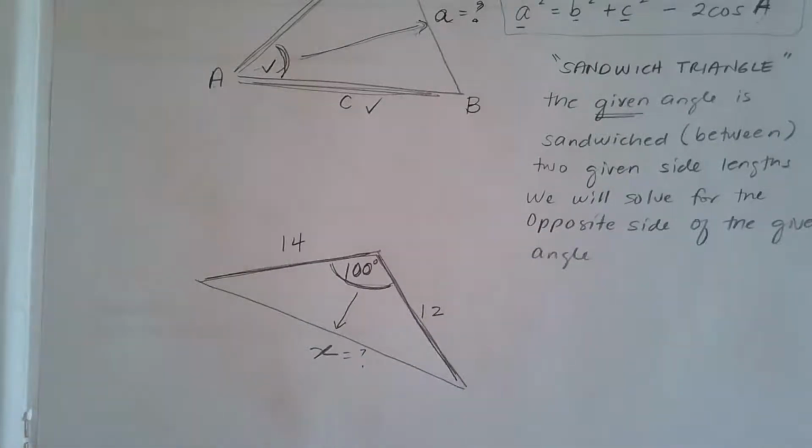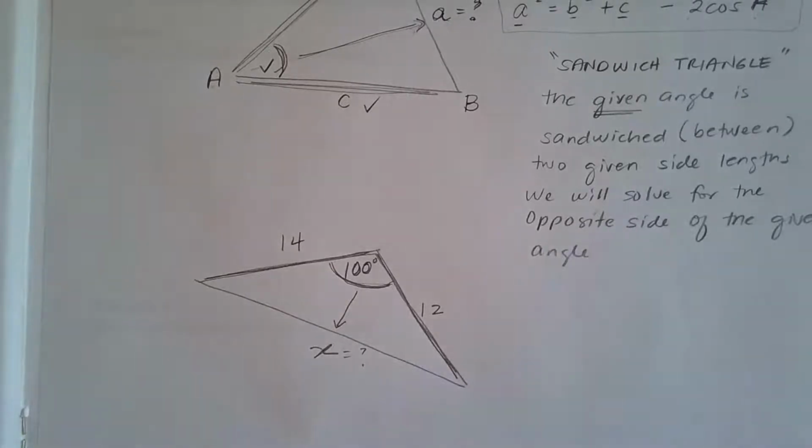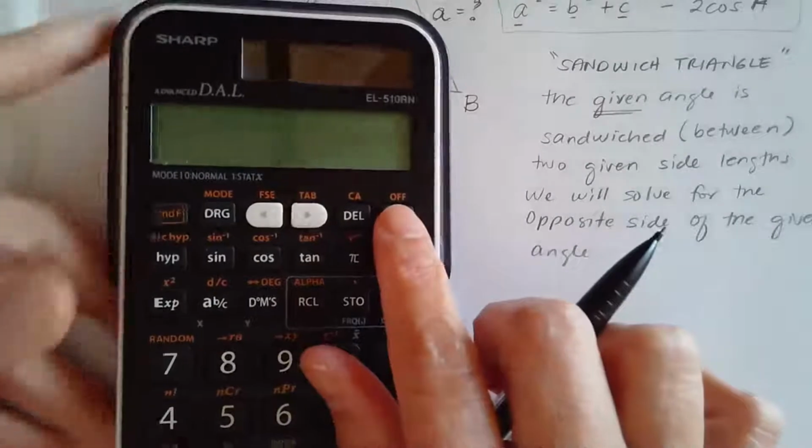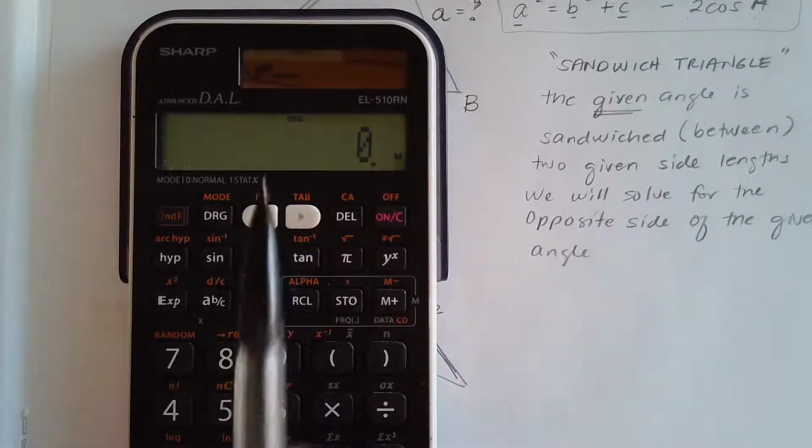Okay, so now that we've seen what the sandwich looks like, what the formula looks like, let's go straight to the example. Before we get on to this one, I have to make sure that my calculator says degree.